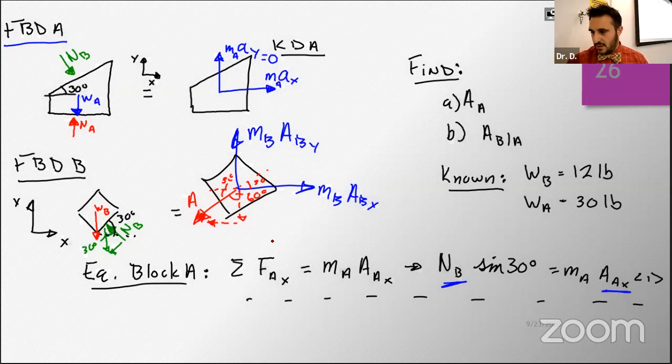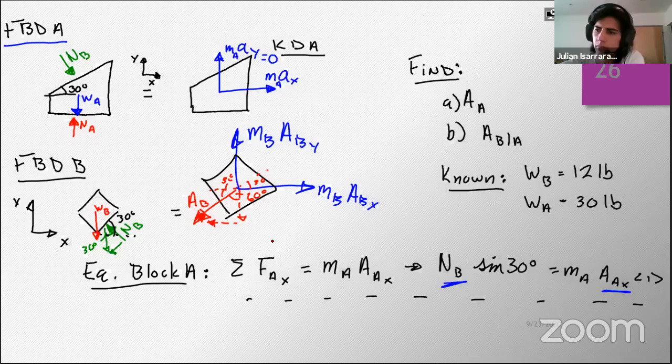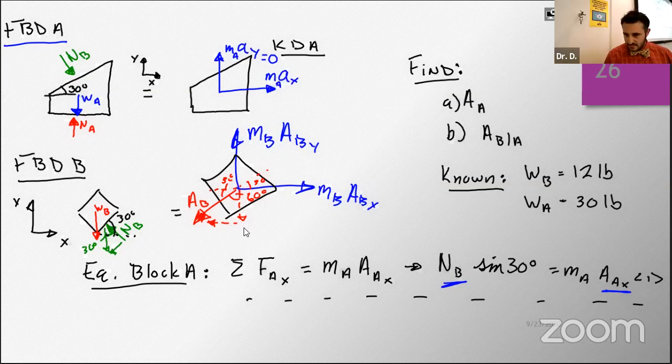It's 60 degrees in here. So this is A sub B, and A sub B in the X is A sub B times sine of 60 degrees.